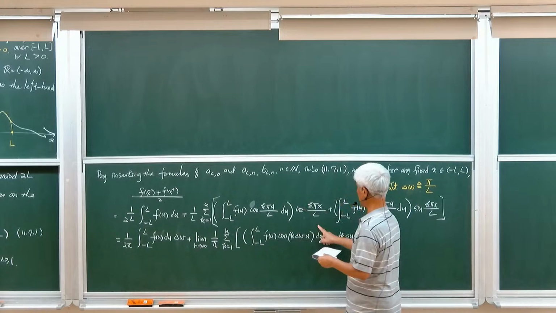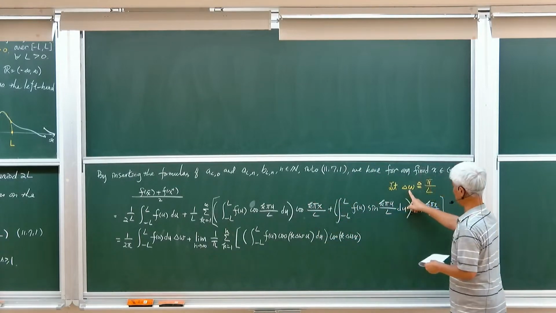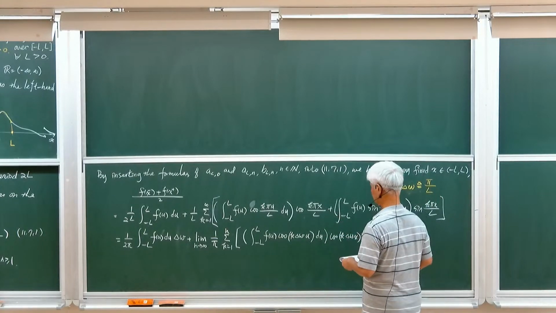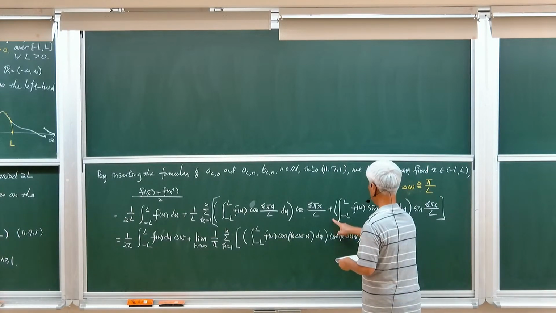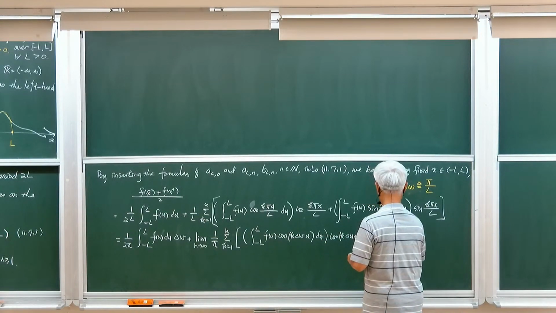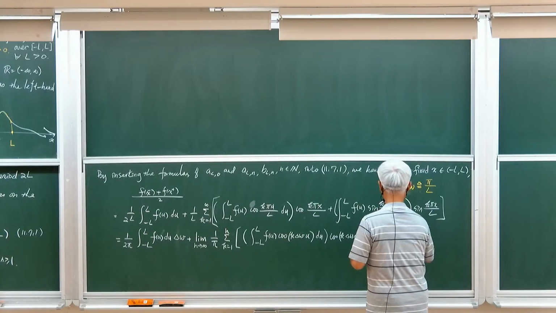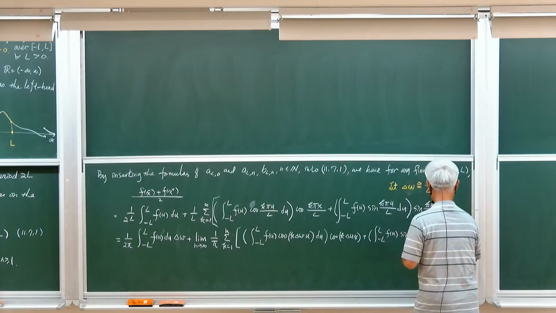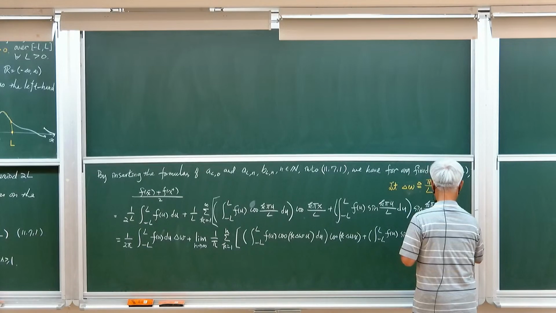It is here because pi over L is defined to be the angular frequency. Plus the integral from minus L to L of f(u) sine k delta omega u du times sine k delta omega x.